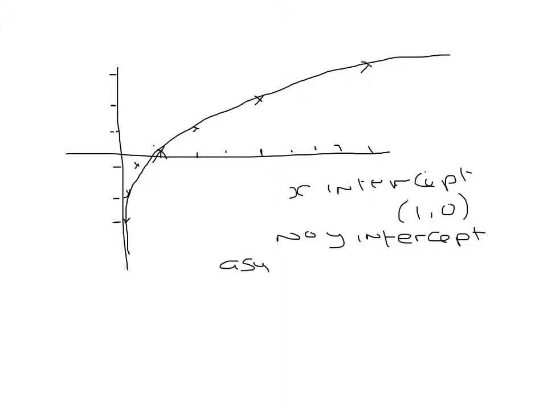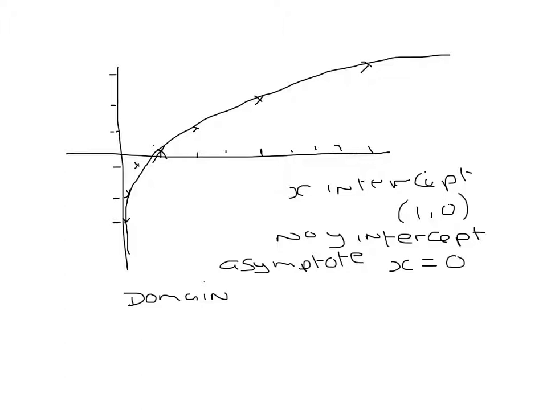So the asymptote is x equals 0, which is the y-axis. Now looking at this graph, what values can x not be? If the y-axis is the asymptote, it can get very, very close to 0, but can't quite touch it.